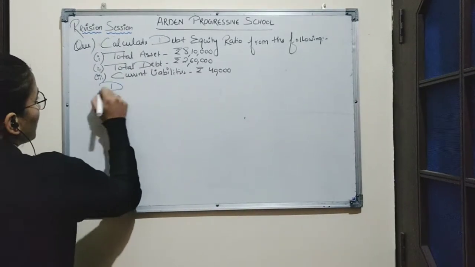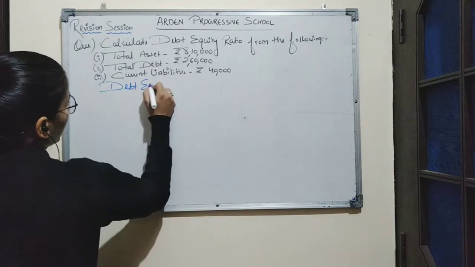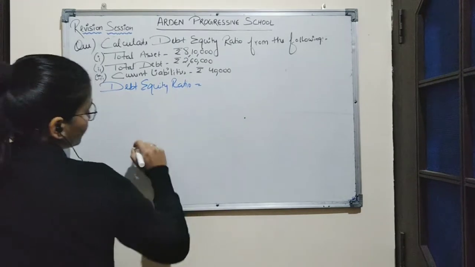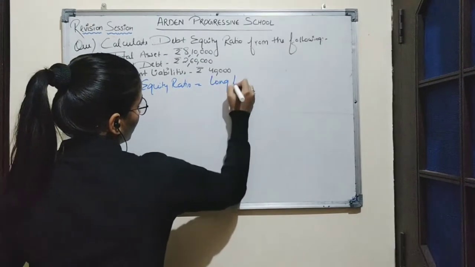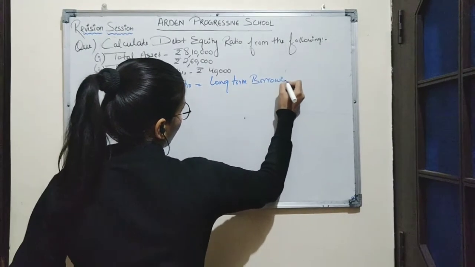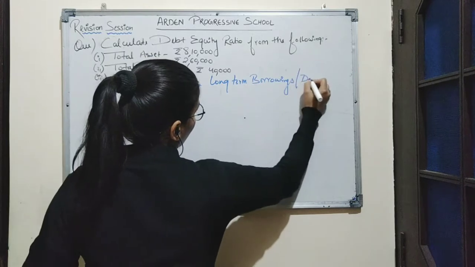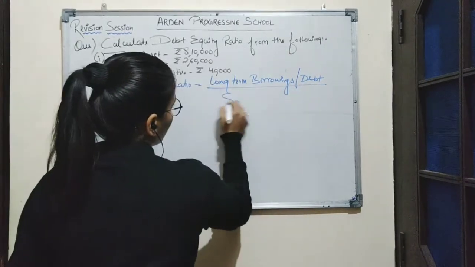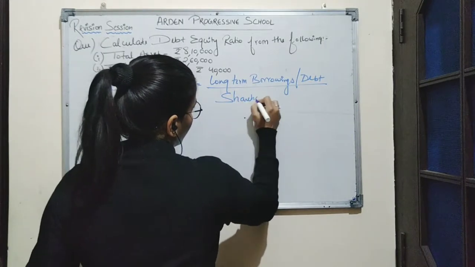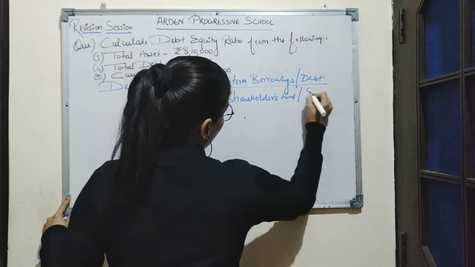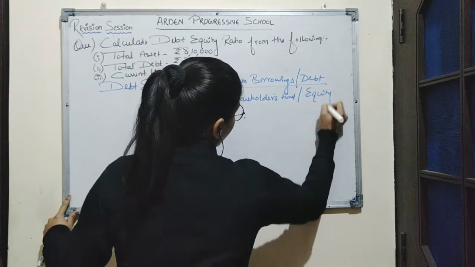First we will write the formula of debt equity ratio. Formula is long term borrowings, or we can call it as debt, divided by shareholders fund or equity.